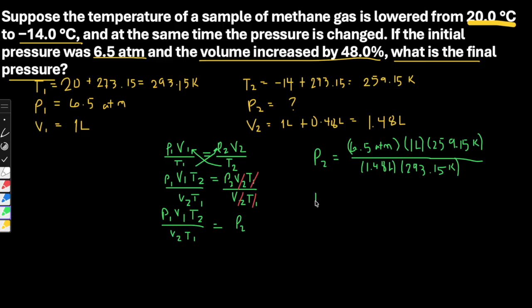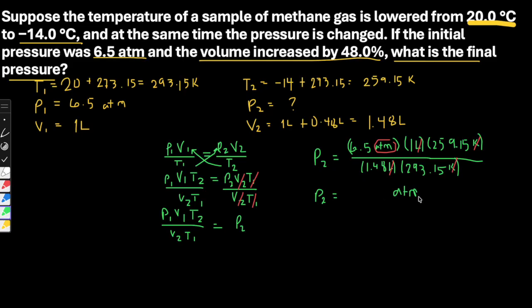Okay, so let's see first how the units would cancel out. So the liters would cancel, the kelvins would cancel, so we will be left with atm, which is the unit for pressure.